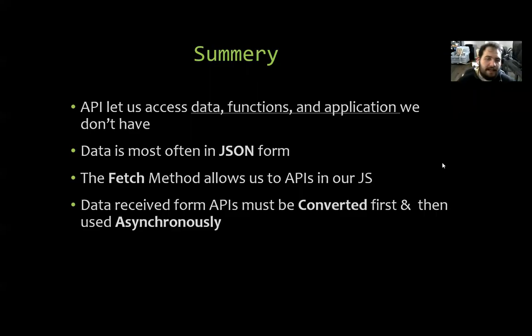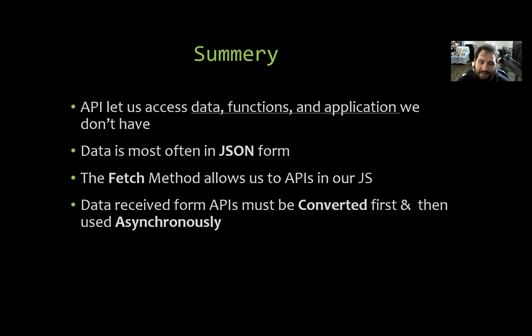To summarize, APIs let you access data, functions, and applications which you don't have. The data that you receive from these APIs is most often in the JSON format. The fetch function allows you to use APIs in your JavaScript and to have access to that data.